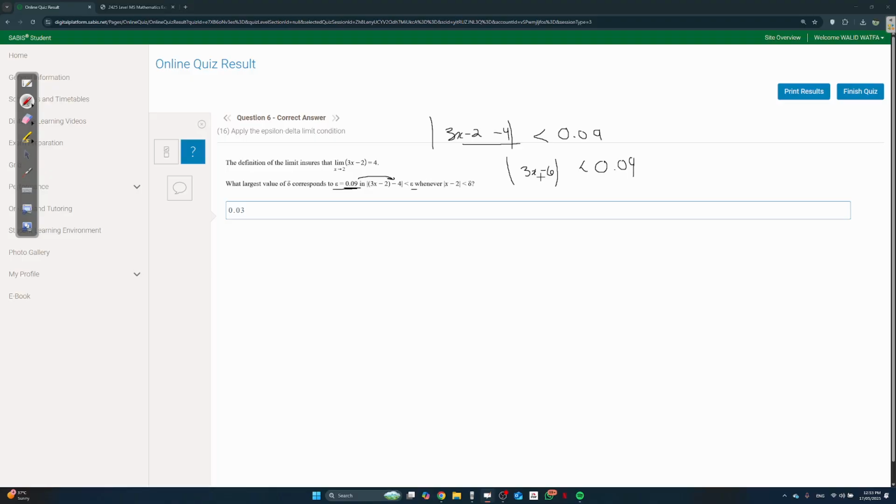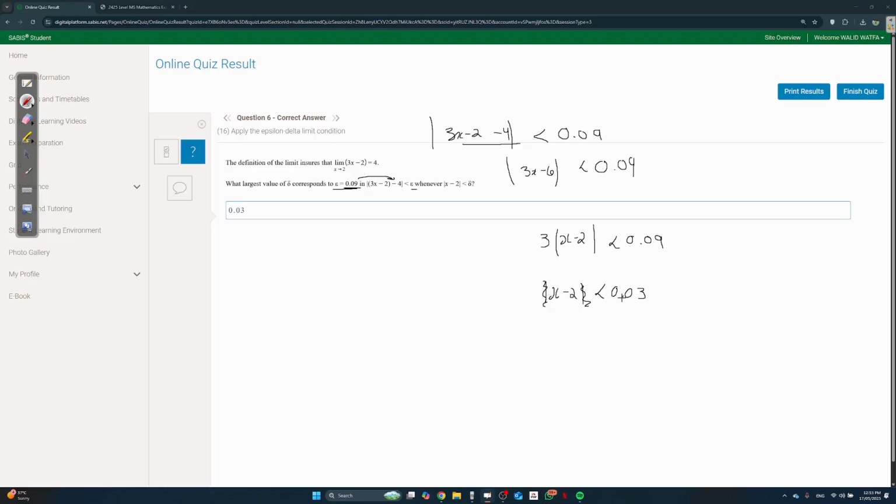Take the 3 out: 3 times x minus 2 less than 0.09. So the absolute value of x minus 2 is less than 0.03, because you divide by 3. Now you can take out the absolute value, because you only get the positive solution. You always only get the positive solution, because the rule states that it has to be positive.